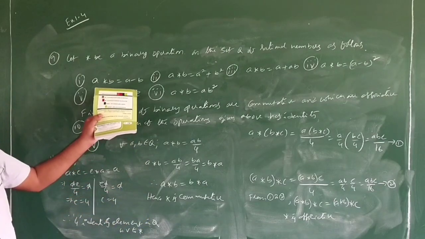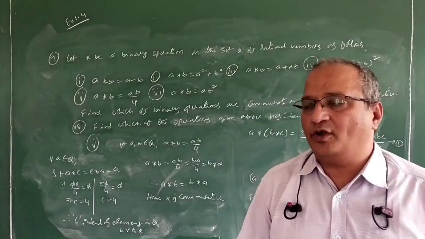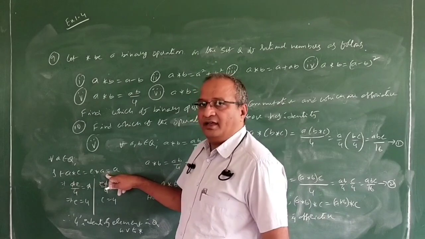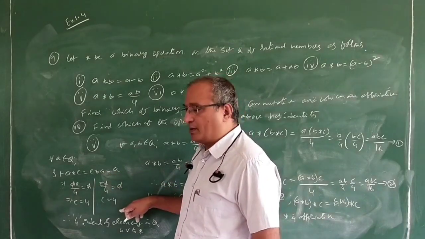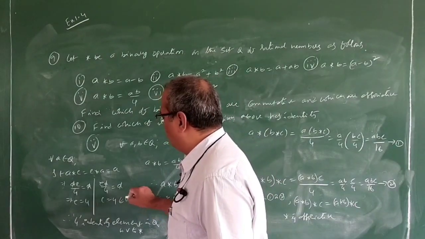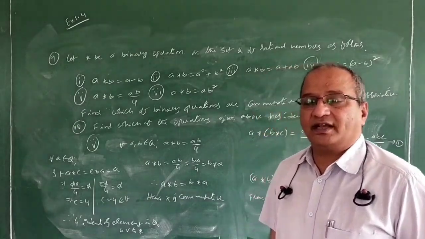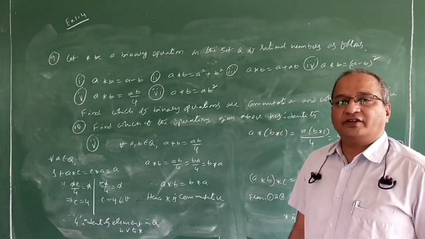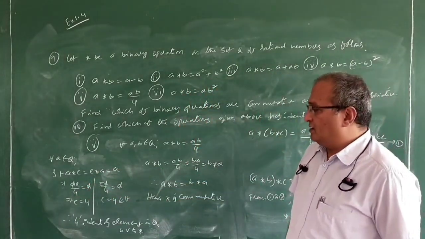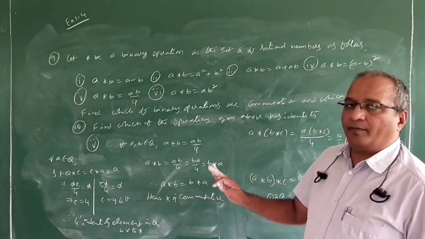Up to the fourth problem we did not get any identity element because there is no element satisfying both A star E, E star A is equal to A. In the fifth problem we got an element 4 which is in Q, and it must be in Q, then only it is identity.